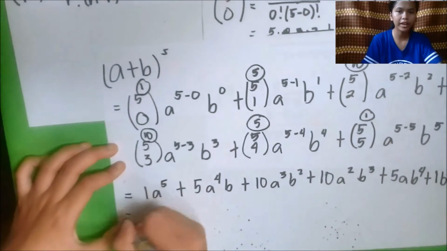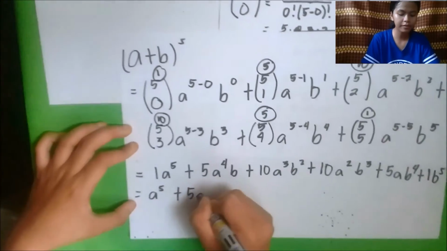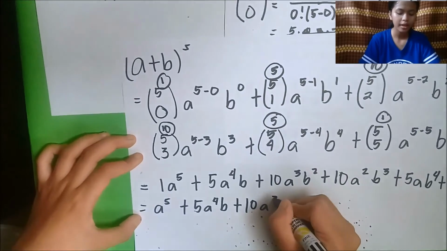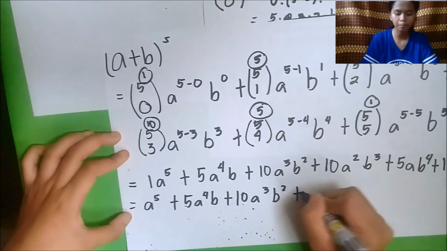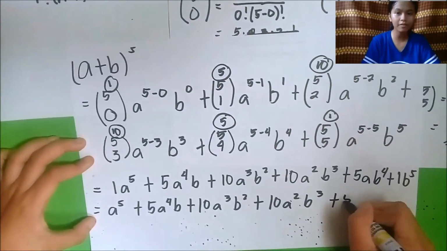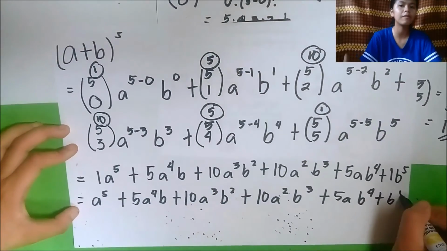Now we have the final answer: a to the 5th power plus 5 a to the 4th power b plus 10 a cubed b squared plus 10 a squared b cubed plus 5 a b to the 4th power plus b to the 5th power.